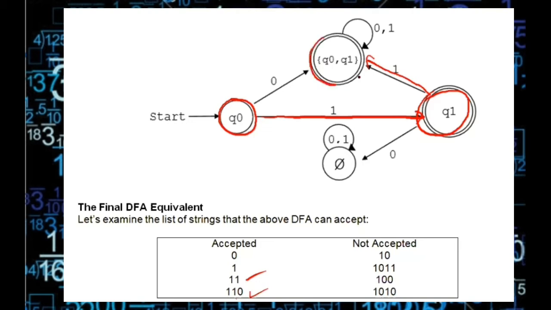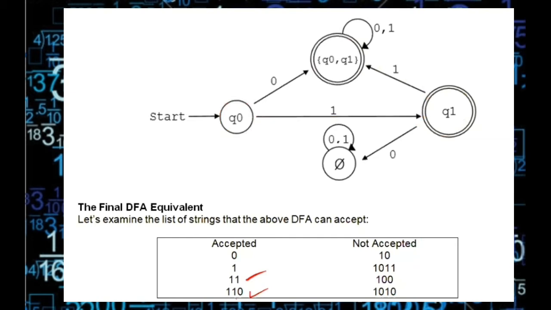Yes. So, eto. Pag nag-input ka ng 0, meron ka bang patutunguhan? Siya na yung final state dapat kasi 0 yung dulo. Yes. So, ito yung ating 110. Tama yung string na yon. O bakit naman not accepted strings yung ating mga nasa right side ng ating table?